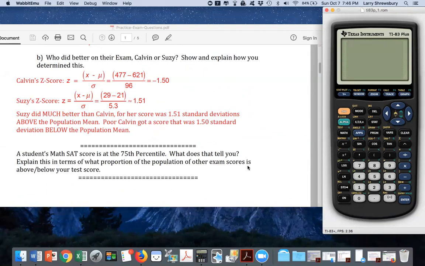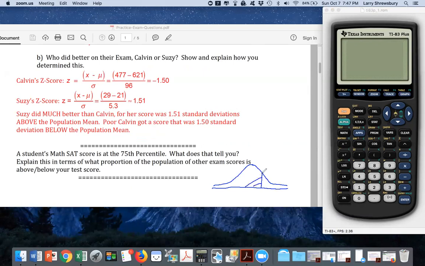So let's suppose that these math SAT scores are approximately normally distributed. And when you're given a percentile, that's telling you the percentage of the population that is below that data value. So that math SAT score is a data value. Now, in the center, that's the 50th percentile because it's got 50% below. So 75% is somewhere off here to the right.